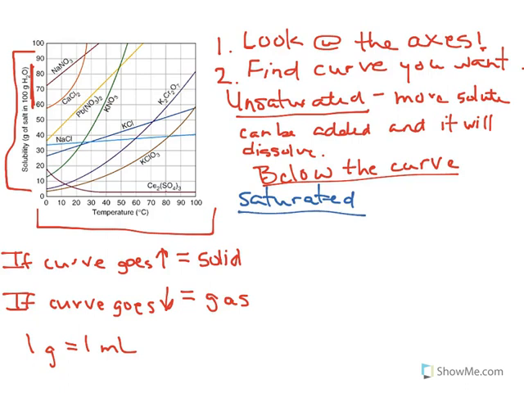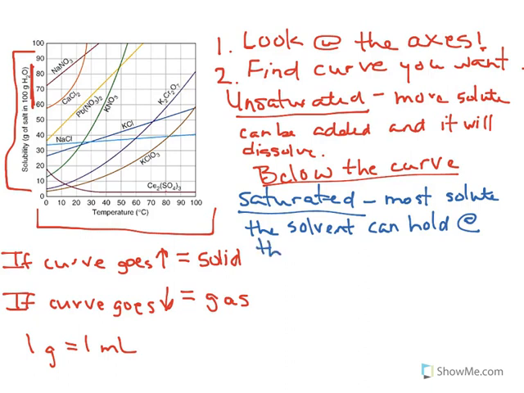All right, let's look at a saturated solution. Saturation is the maximum solubility. This is the most solute the solvent can hold at that temperature. This is always determined experimentally, and this is where those curves came from.